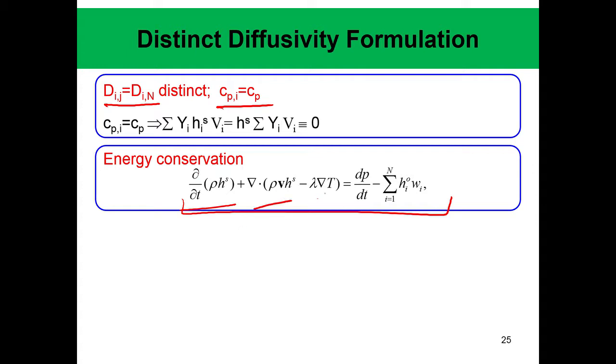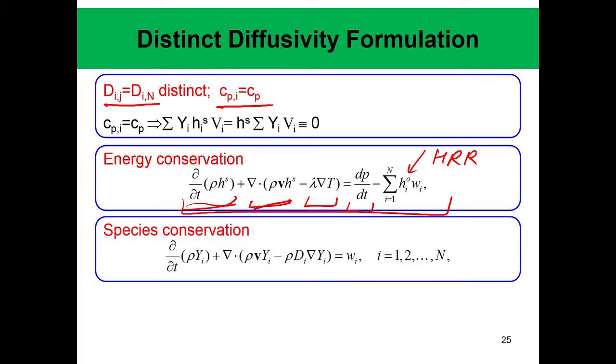So the enthalpy can change because rho hs, the enthalpy itself, is a function of time, and then the enthalpy is convected, and then you have heat conduction coming from a temperature gradient, and then you have a pressure derivative, and then you have heat release. Once again, this is the heat release rate term.